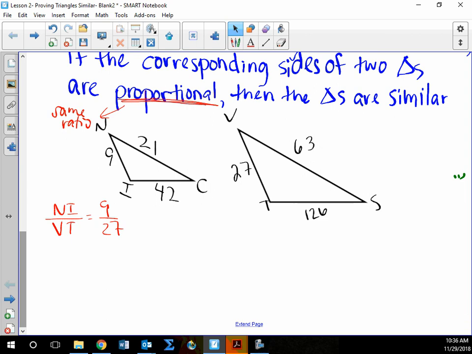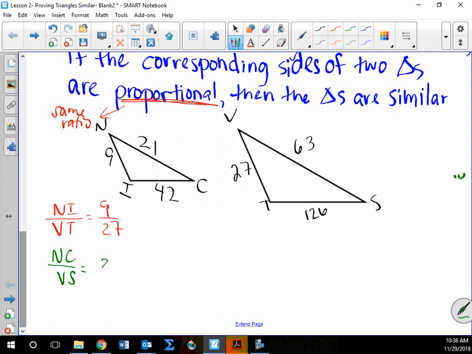And then I'm going to check my median here, which would be the NC. NC compared to VS. 21, 63. And then we can sneak in IC to TS. That'll be 42 to 126.